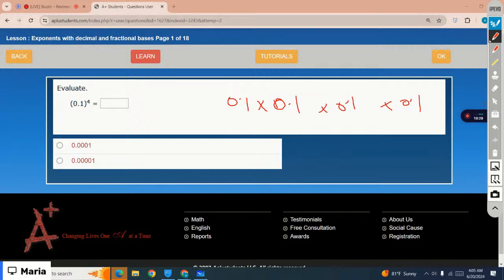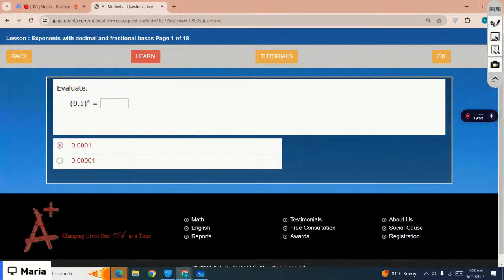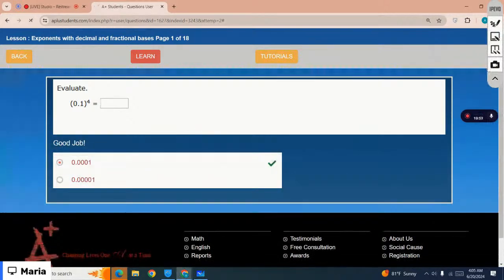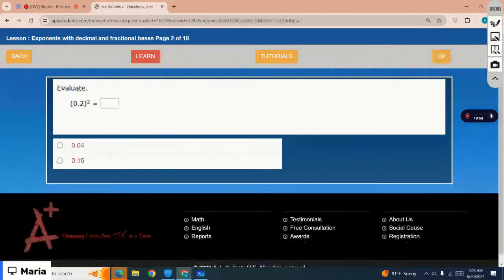So the correct option is option number 1, that is 0.0001. The next one is 0.2 exponent 2.